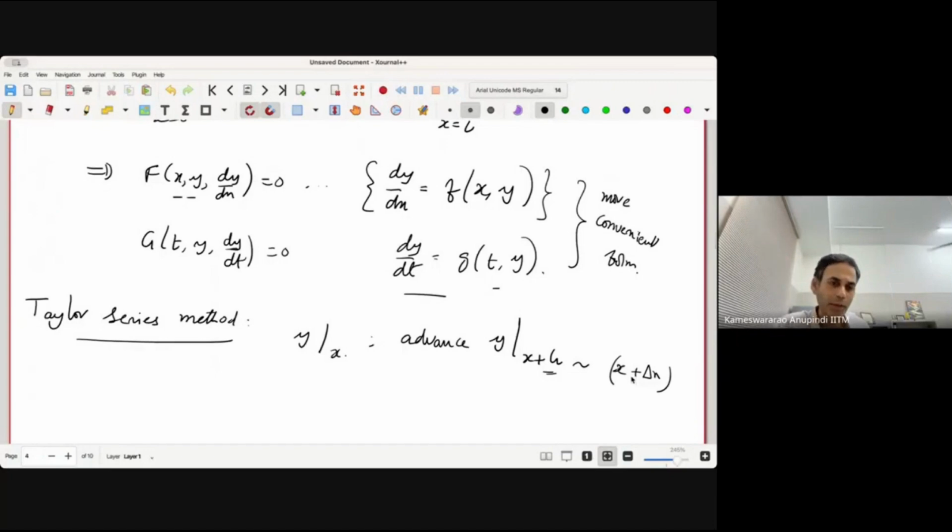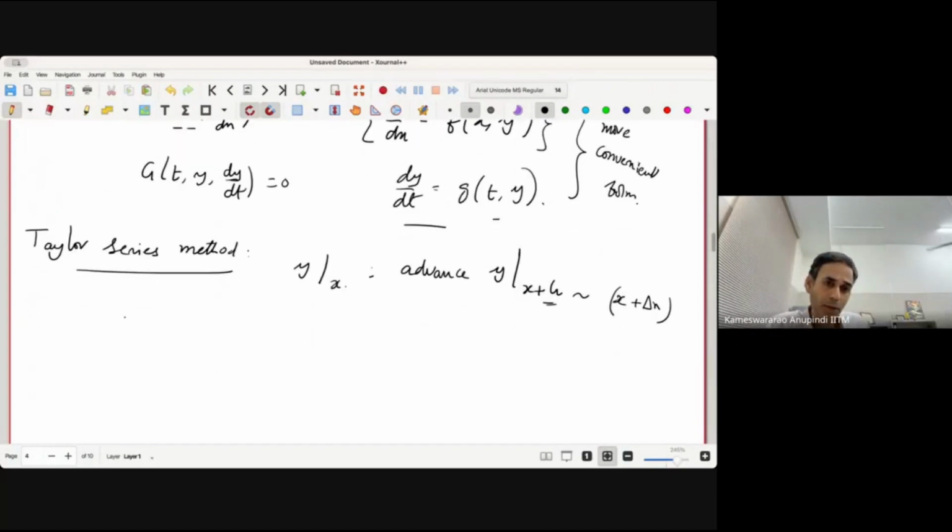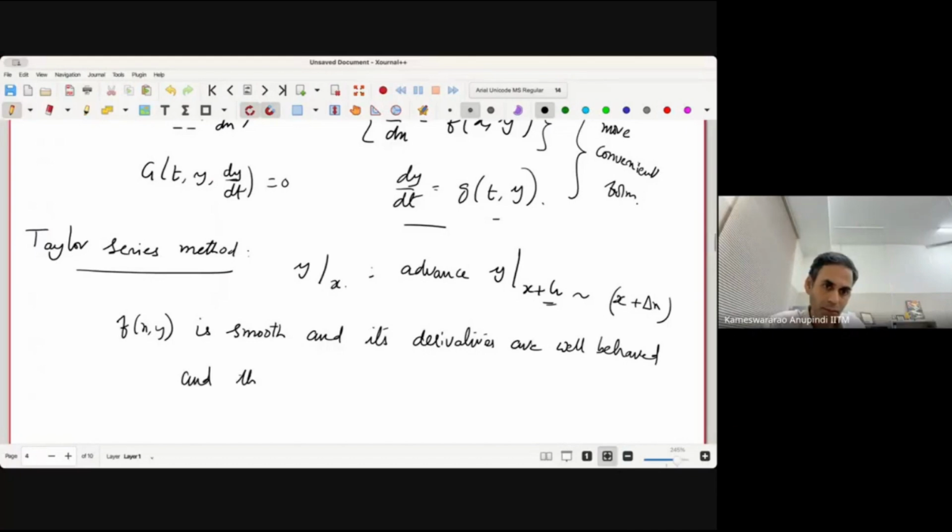As you recall, if we assume that the function f of xy is smooth and its derivatives are well behaved, okay, and they exist. So it should be the other way around. They exist and they are well behaved.